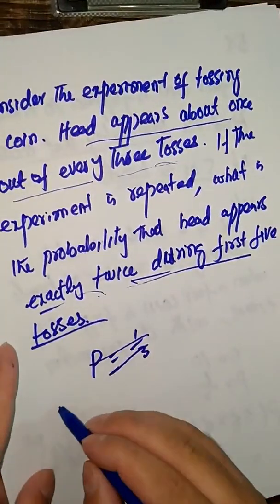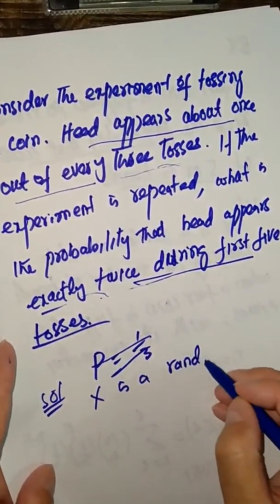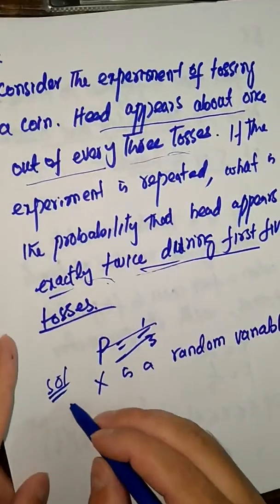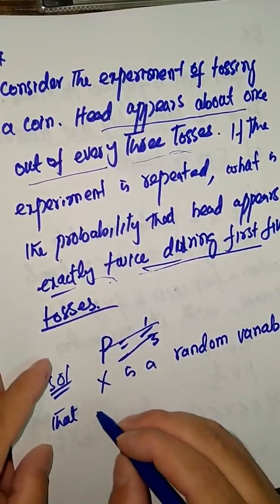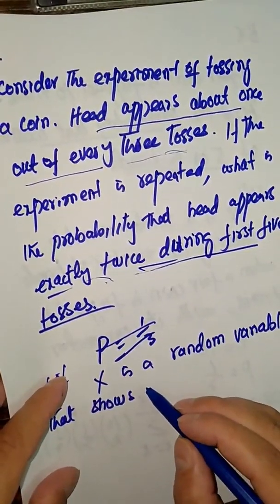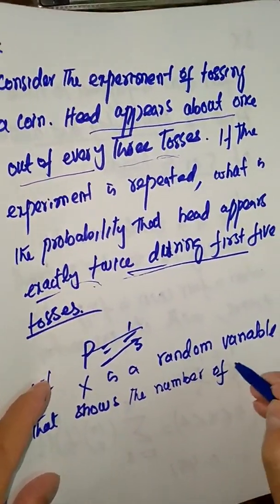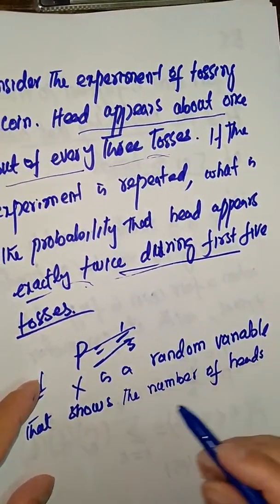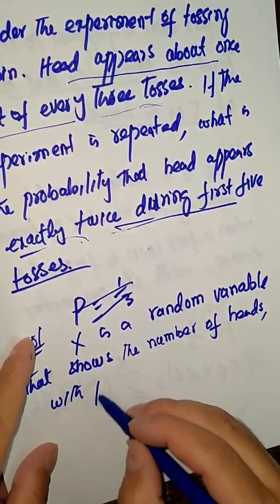So suppose x is a random variable that shows the number of heads, with parameters, what are they?